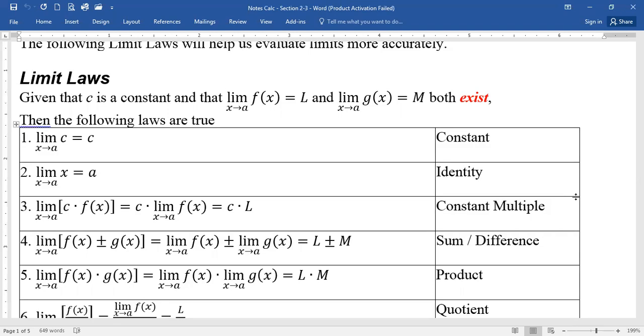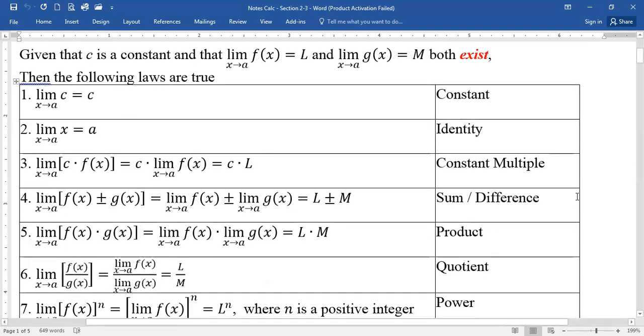Sum and difference, if I have the limit of 2 functions added or subtracted, I can separate those out and find the limit separately and then just add or subtract the results. Same thing with multiplying. If I have 2 functions multiplied or divided, so the product or the quotient, I can find the limit of them separately and then just either multiply or divide my results, okay?